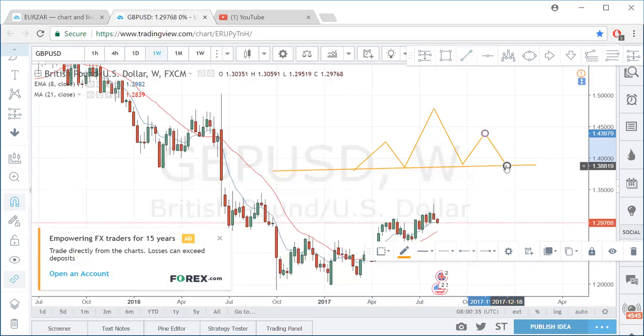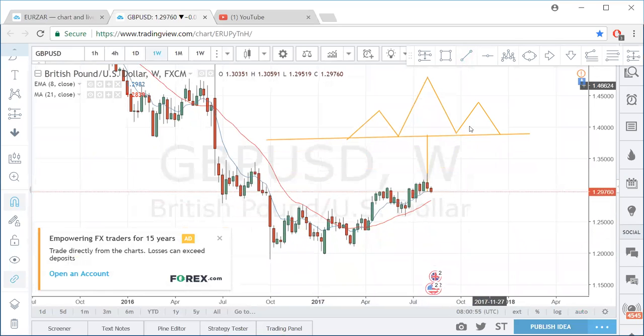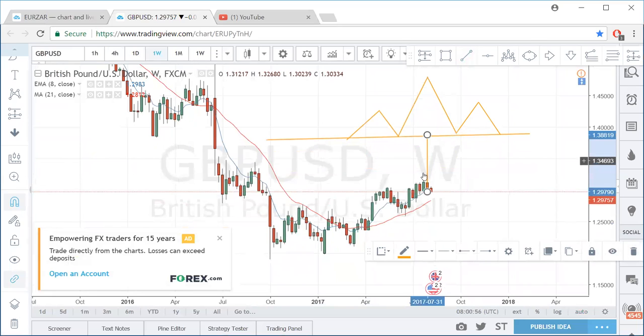Now, another thing I use in determining where price is going to is I measure the distance between this head and the neckline. So let's just say this is the distance between my head and the neckline, right? After measuring this, I pick it up, I put it down here. That would be my take profit.